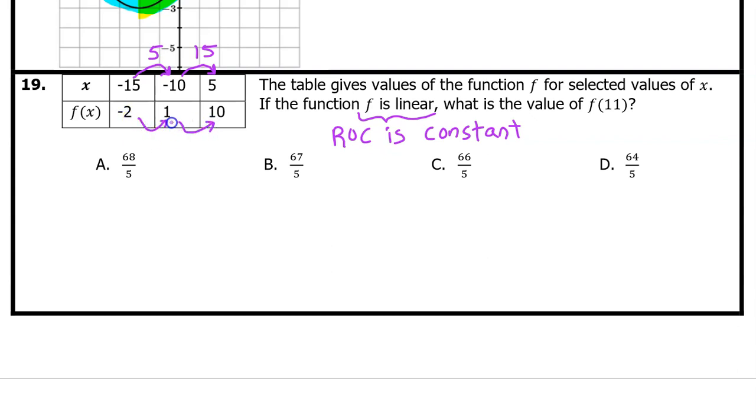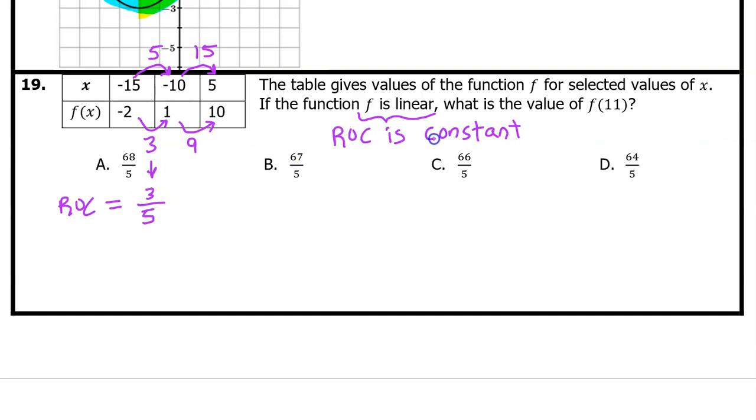Let's start with the output changes. From -2 to 1, that is an increase of 3. And then from 1 to 10, that is an increase of 9. Okay, so the first rate of change is 3/5.